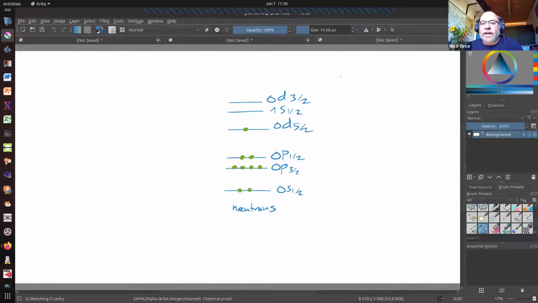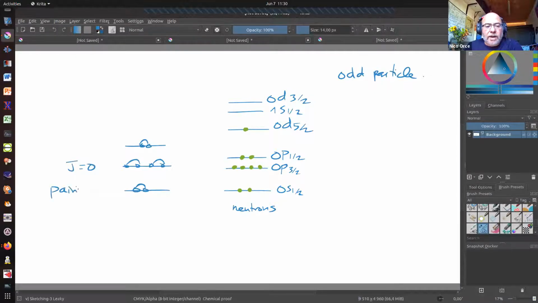So we are only interested in the odd particle because for one particular reason that we haven't mentioned, wherever you have pairs, they couple to each other and they couple to J equals 0. This is the property of the pairing interaction, which we mentioned the other day.